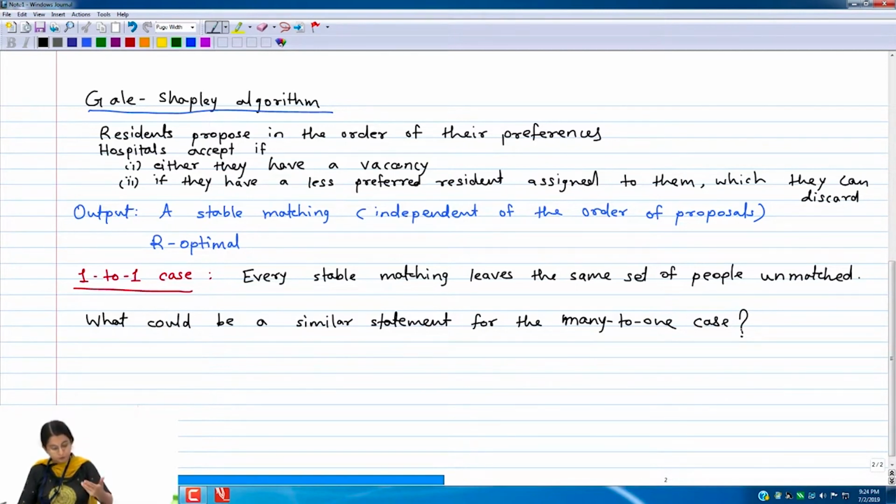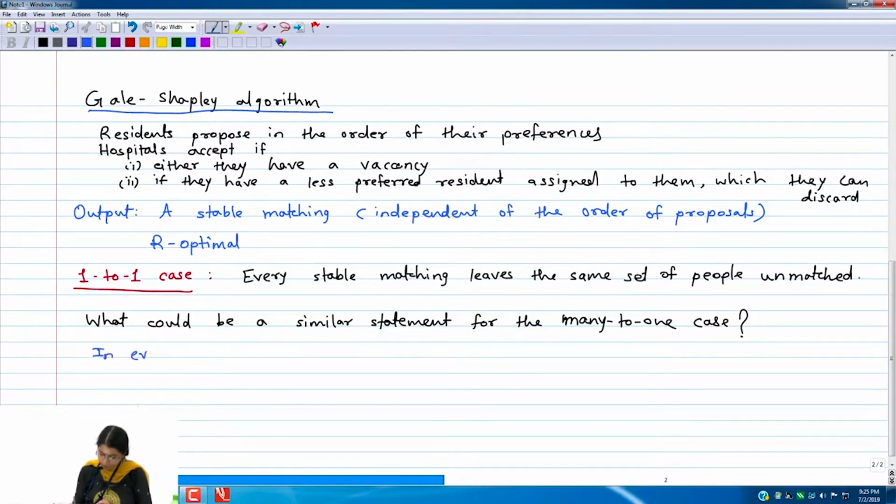A hospital could be full, which means it gets capacity many residents, or it could be undersubscribed, in which case it gets fewer than its capacity. So how should I frame a similar sentence? Yes, I will write this potential statement.